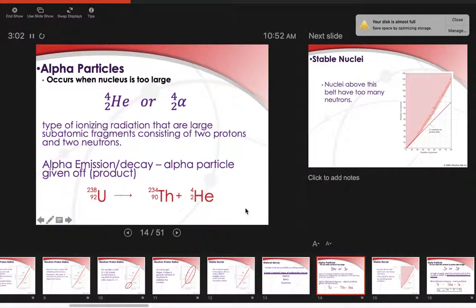So emission or decay, right? Emission means it gives off, so the alpha particle is in the product. Notice what happens to the uranium. What does it change into? Th, which is thorium, right? So 238, this is the mass number. Notice that 234 and 4 add up to that 238.